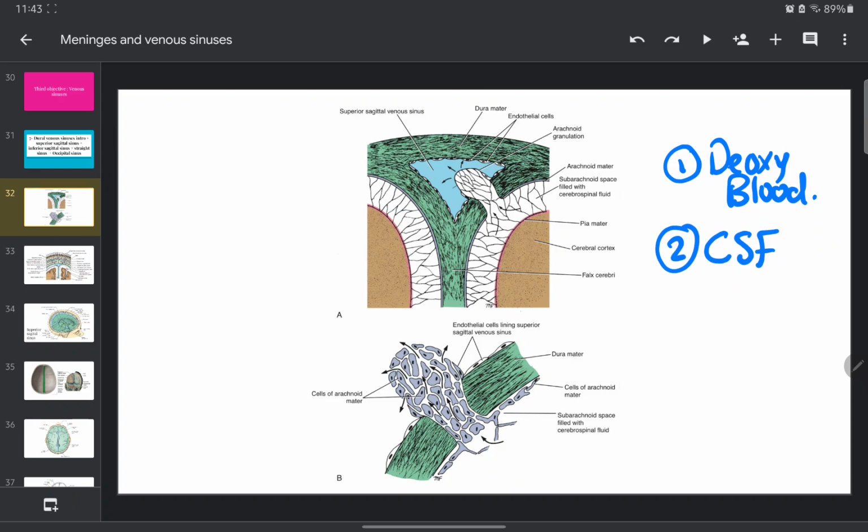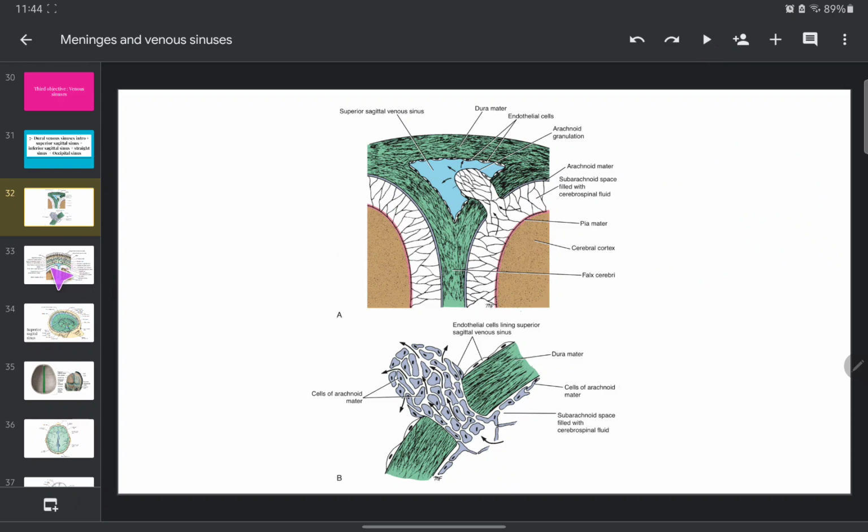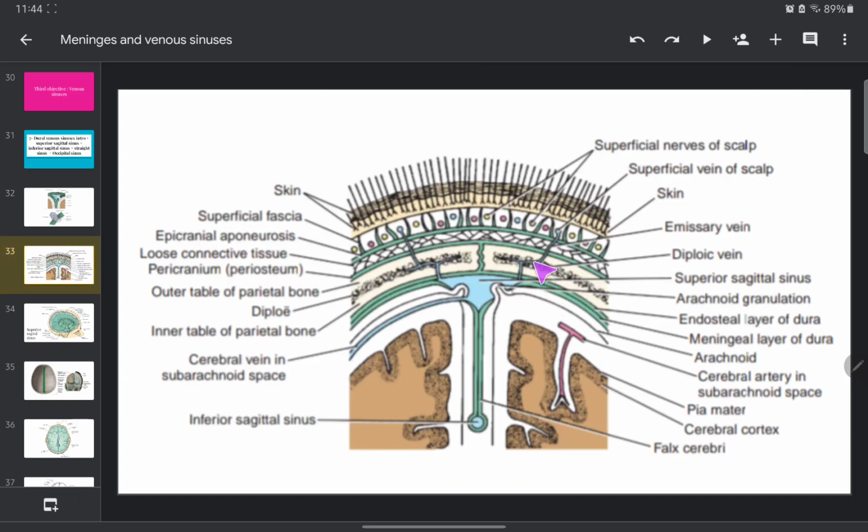Now before I get into specific details about each sinus, I will mention a small point about something known as the emissary veins. These emissary veins are venous structures that connect the scalp to the venous structures inside the cranium.